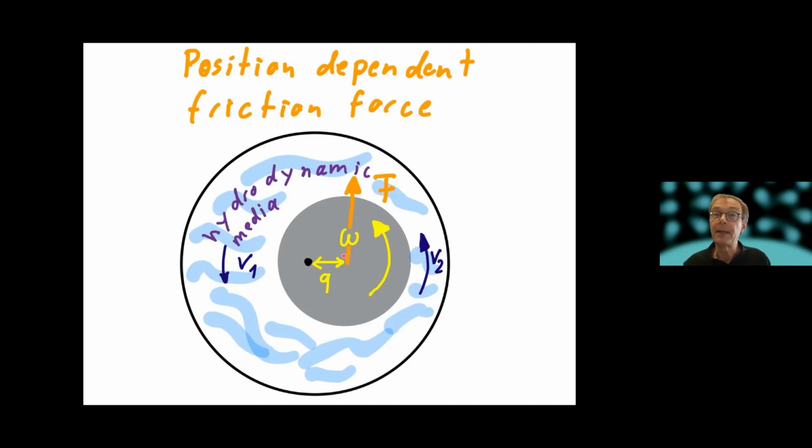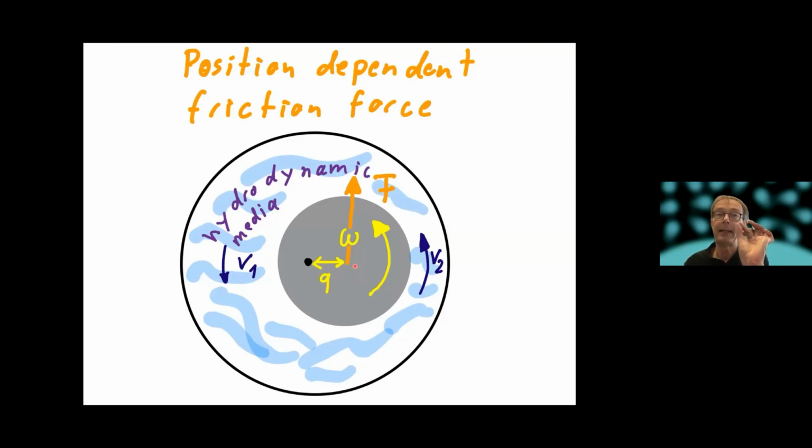So the disk is rotating, and that will lead to friction forces with this hydrodynamic medium. If you start rotating at the center, then you have an instability.